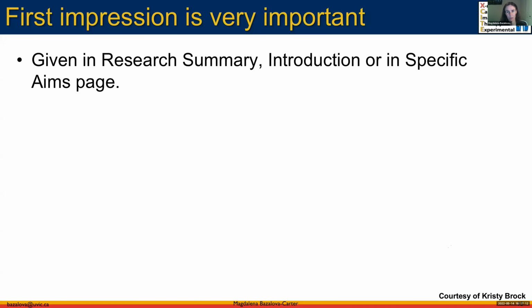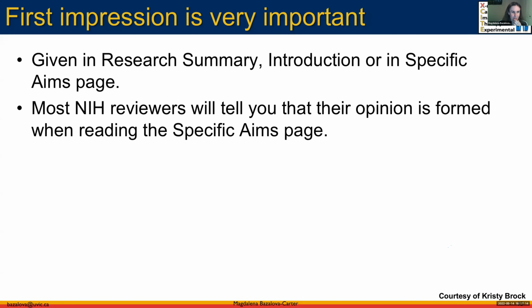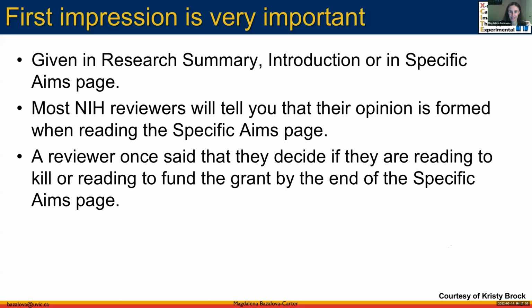This is an extremely important page. I'll talk about that on this slide as well. Most reviewers will tell you that their opinion is formed when reading the specific aims page. So on the first page of your proposal, they will make up their mind whether they're reading to kill or reading to fund the grant by the end of the specific aims page.